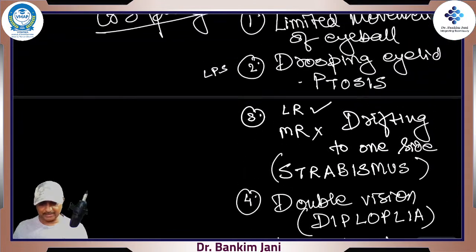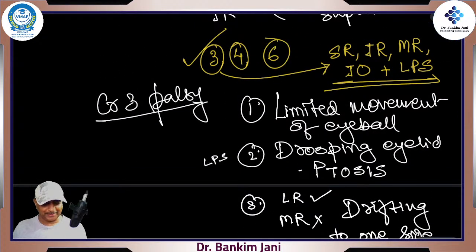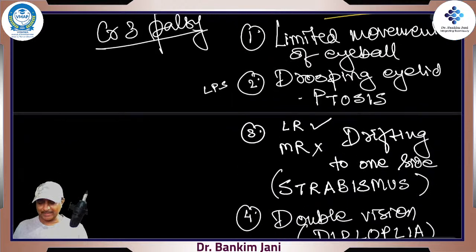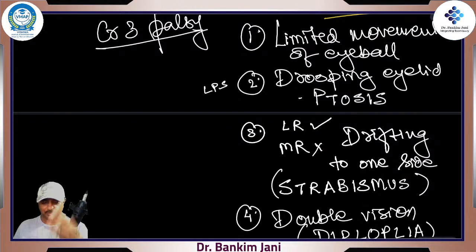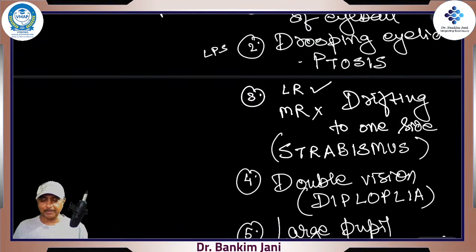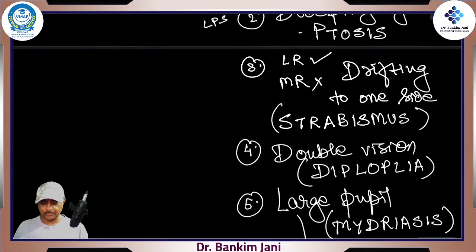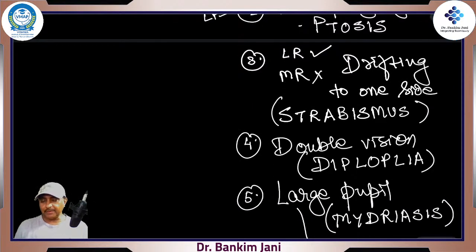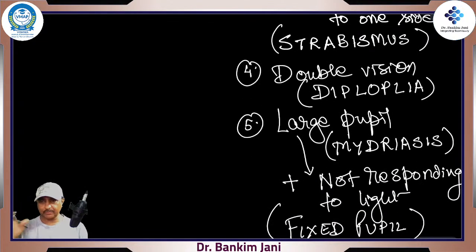So parallelly, if you see, we have finished the topic of oculomotor palsy, in which there is limited movement of the eyeball because of all those muscles. Levator palpebrae superioris is drooping the eyelid, that leads to ptosis. Lateral rectus pulls it to one side, medial rectus can't do anything because it is affected. So that's why there is drifting, which is called strabismus. Double vision, diplopia, because focusing is involved.